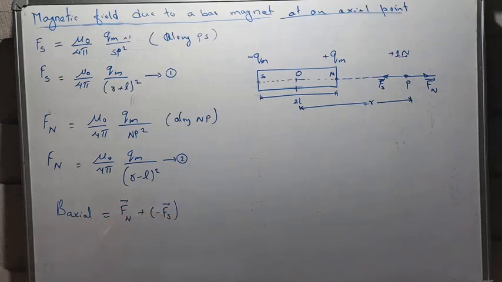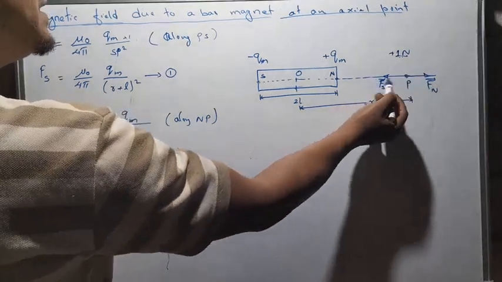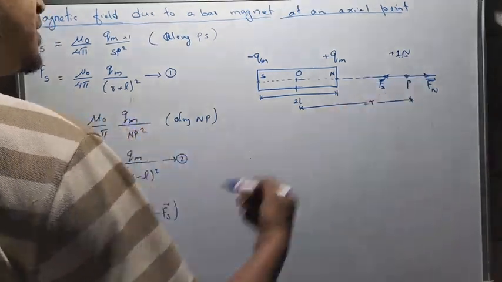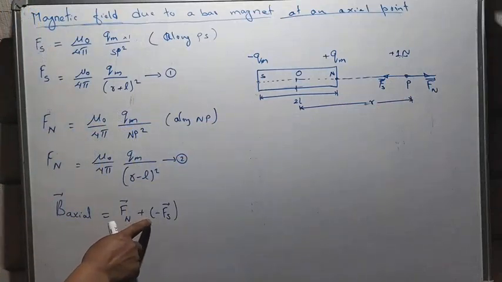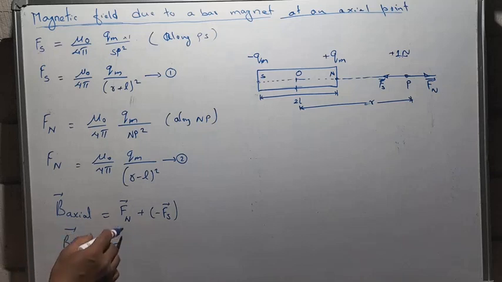I hope this is clear, because Fn and Fs are acting in opposite directions. Therefore, before Fs I have to write this minus sign. Now, this net magnetic field at point P becomes how much?